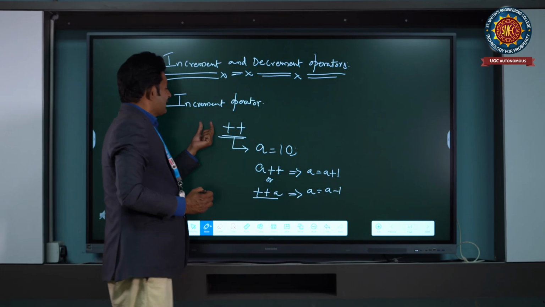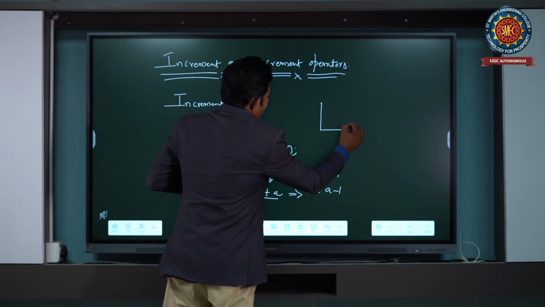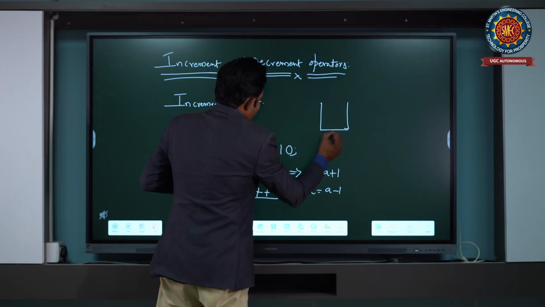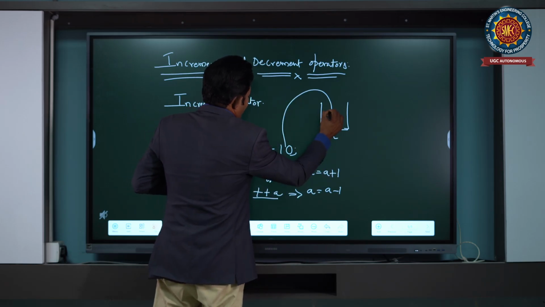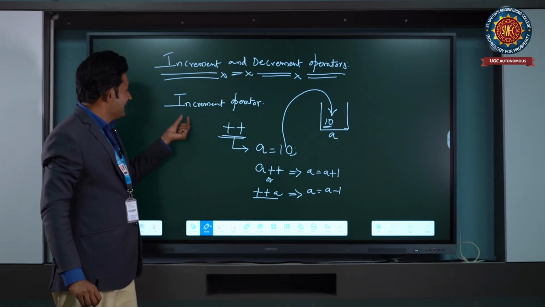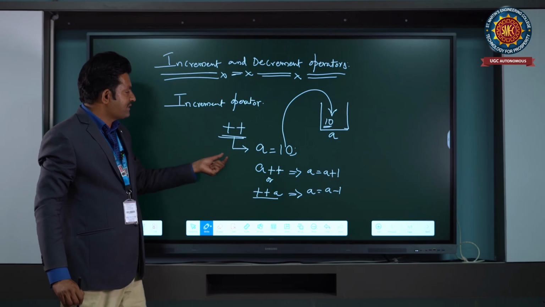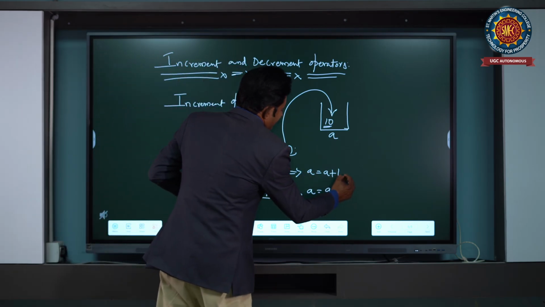Increment means incrementing the value. Suppose a variable is a named memory location, A is a variable holding the value 10 here. Whenever we use the increment operator, A is equal to 10 and A plus plus means A is equal to A plus 1.